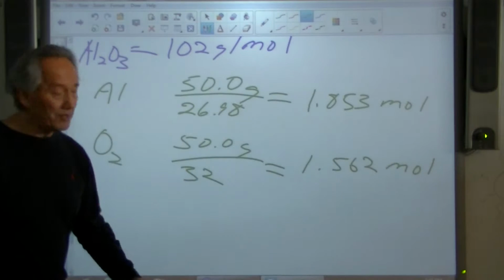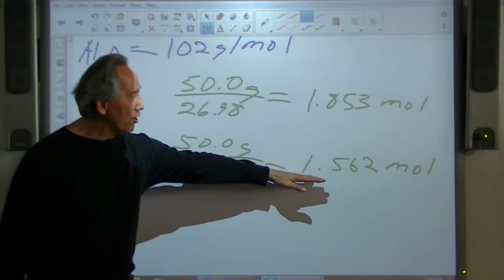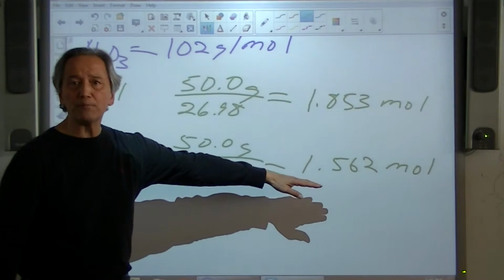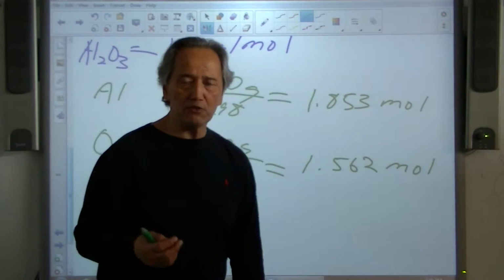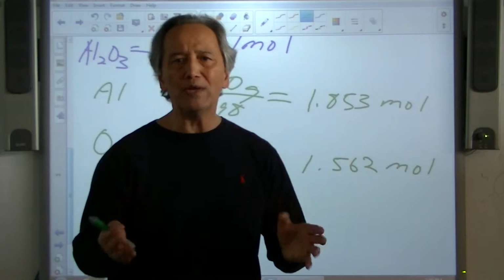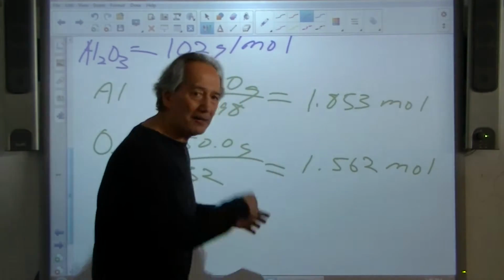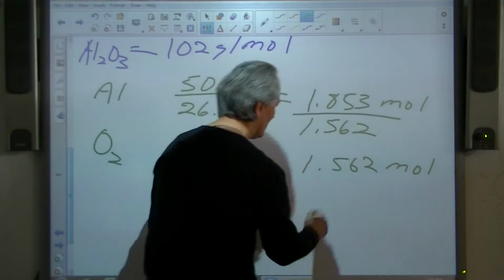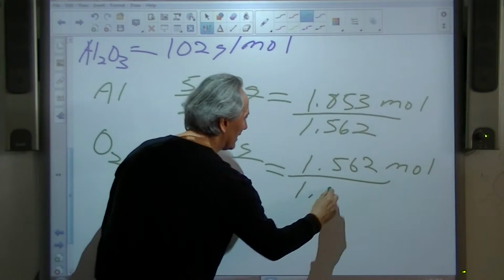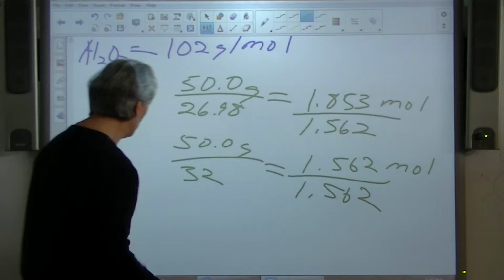What's our next step? Well, the next step is we take our smallest mole value, which in this case is 1.562, and we divide both of these. Essentially what we want to do is we want to get a ratio of what do we have here. So let's divide both, starting with the aluminum, divide by 1.562. The oxygen, divide again by itself, 1.562.